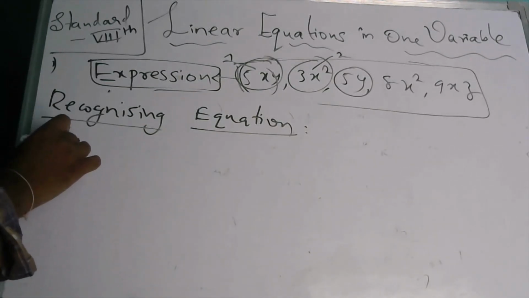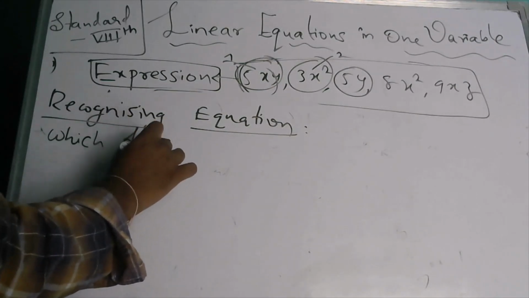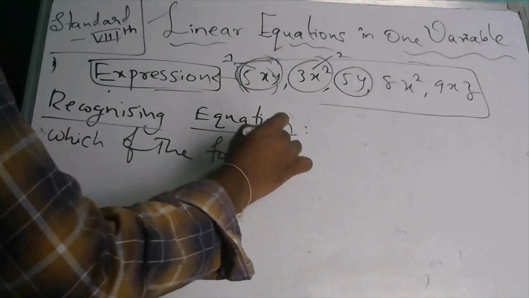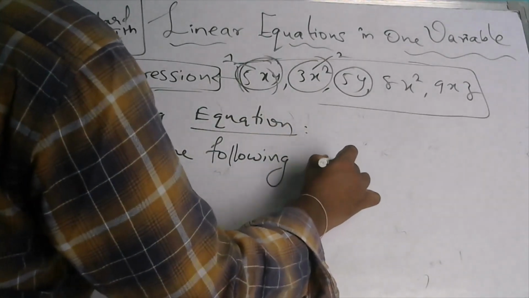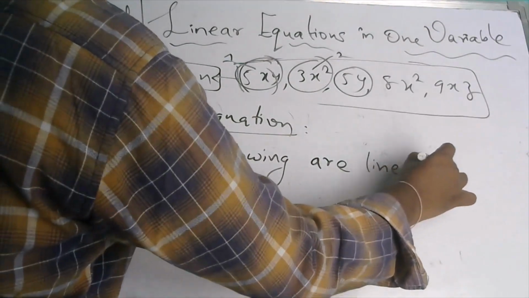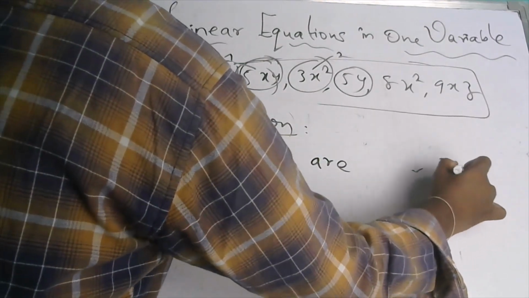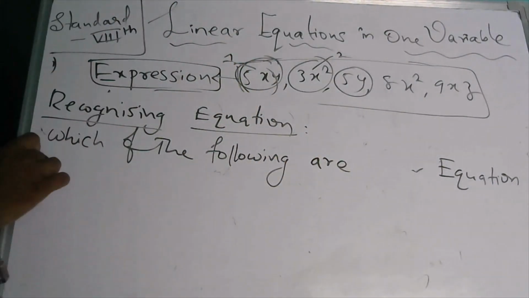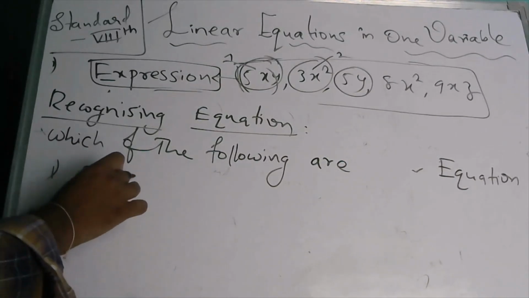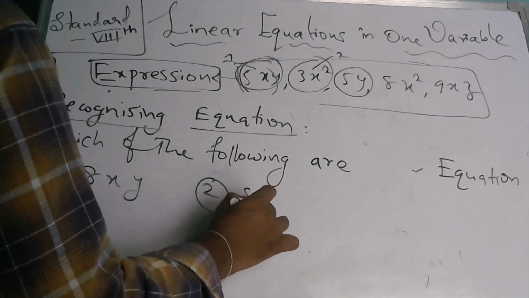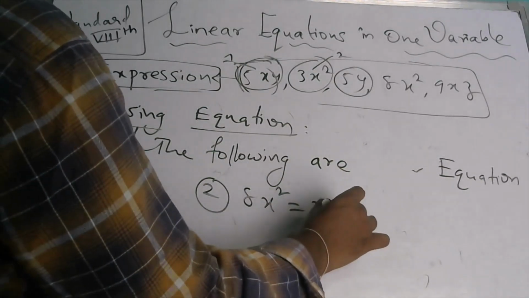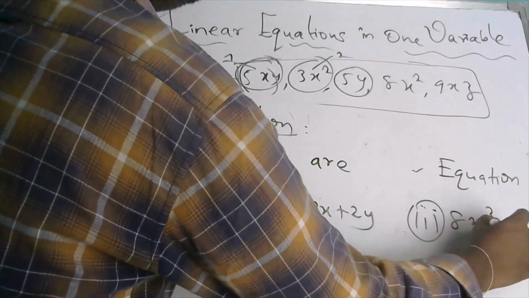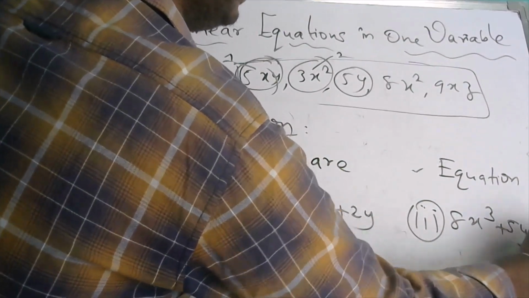Which of the following are linear equations? Okay. The first one 8xy. Second one 8x square is equal to 3x plus 2y. Third one 8x cube plus 5y is equal to 6z.